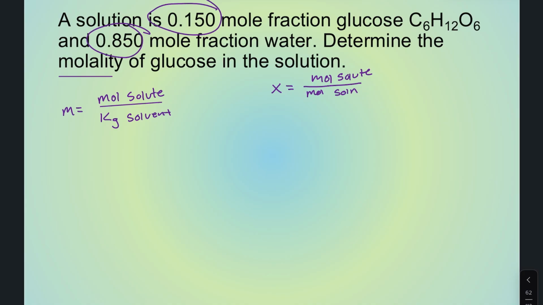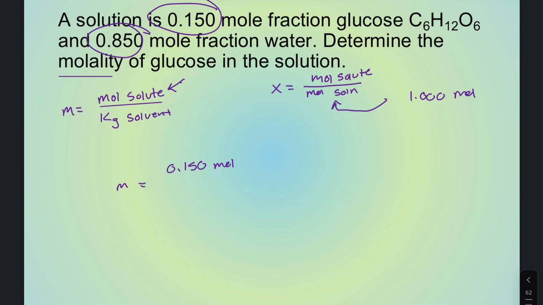We add those together, that's going to be 1.000 moles. So that's what we have right there as our moles of solution. Our moles of solute is going to be 0.150 moles.